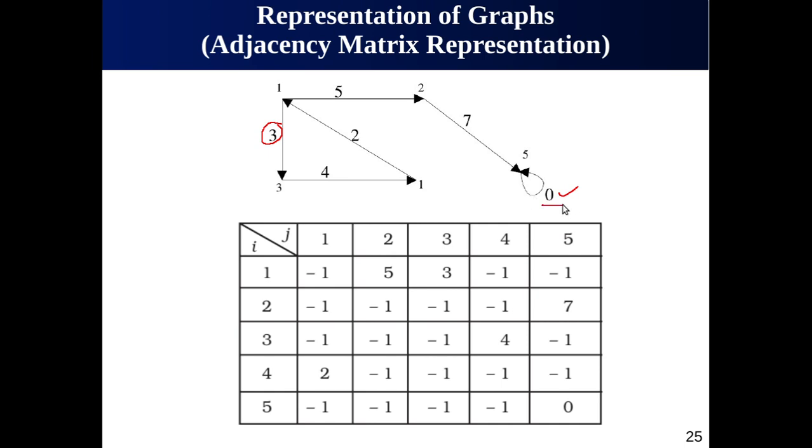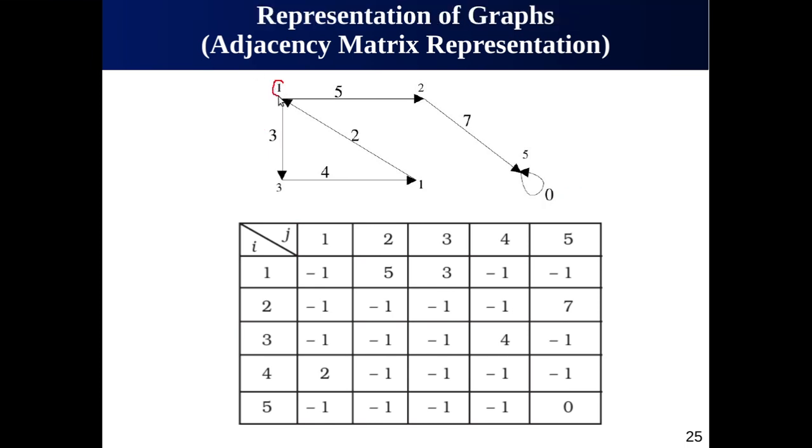To get rid of this situation, we actually replace 0 with -1. -1 means there is no connection between two vertices. Okay, and 0 means the actual cost. Let us see.